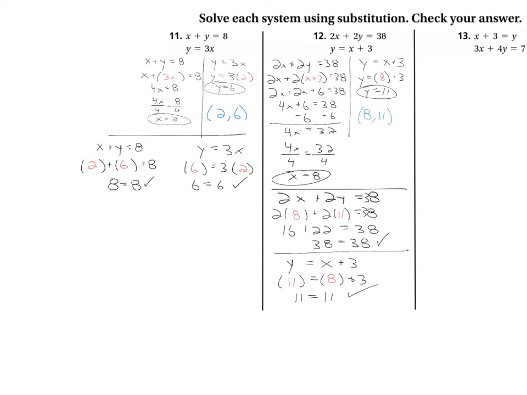So we've solved the system through substitution, and then we checked our answer by taking both equations and plugging it in. Remember, if you only check for one equation, you don't know whether it's a point somewhere else on the one line that isn't actually the point where the other line is crossing it. So remember, there's an infinite number of solutions for any given line. So the only way that you know that it's the solution to the system is to check both.